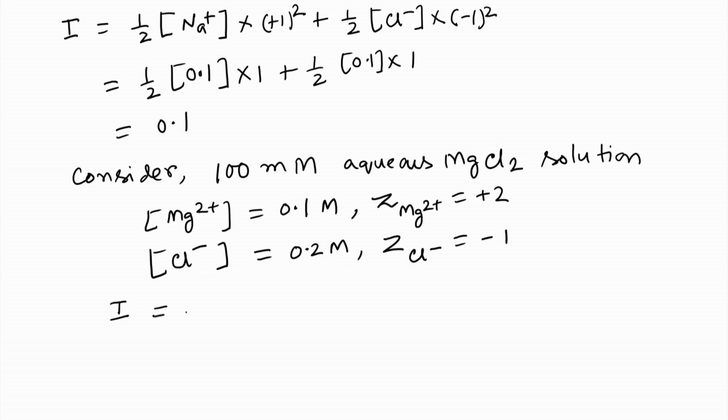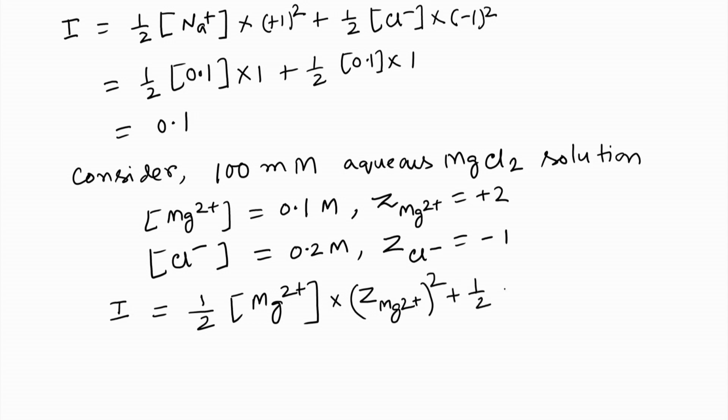So, what is the ionic strength of the MgCl2 solution? It is half times the concentration of Mg2+ times the charge of Mg2+ to the 2, plus half times the concentration of chloride ion times the charge of chloride ion to the 2.